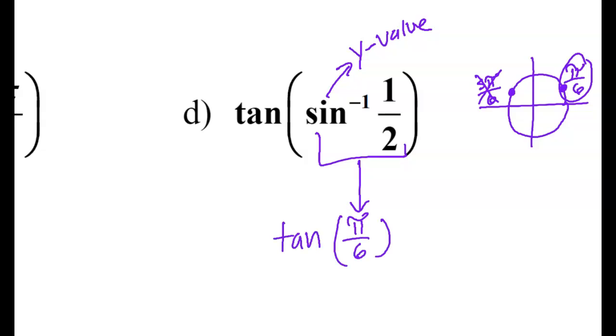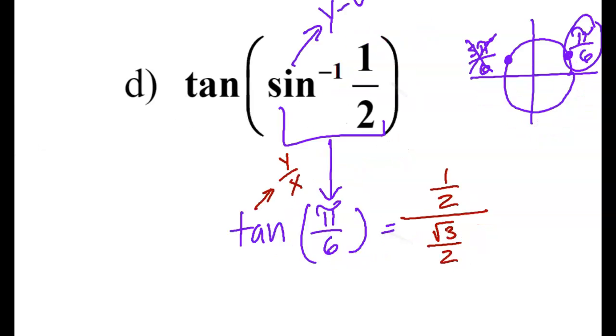And now we're finding the tangent at that angle, knowing that tangent is always y over x. So at pi over 6, you're taking your y value and putting it over the x value. Now this one's a little harder, because can I leave my answer like this? We have to simplify it.